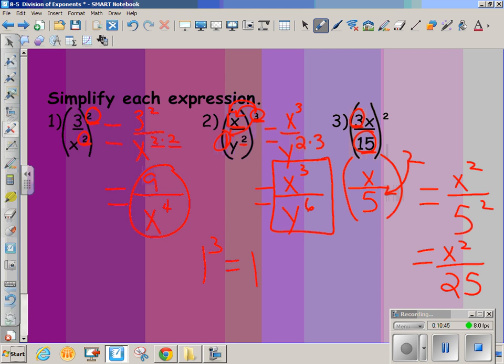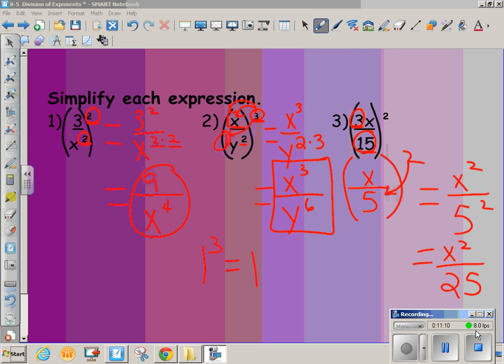Now let's say you weren't thinking in terms of simplifying. So let's say that we forgot to simplify 3 over 15. Let's just see how that's going to play out doing this problem a different way.